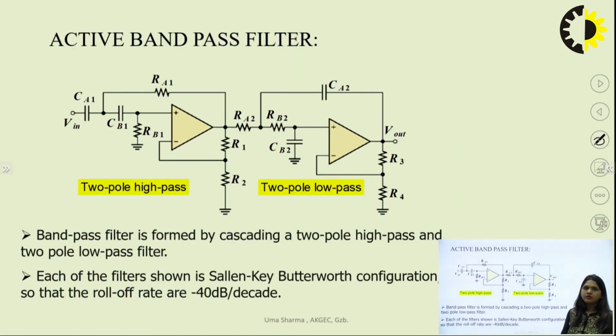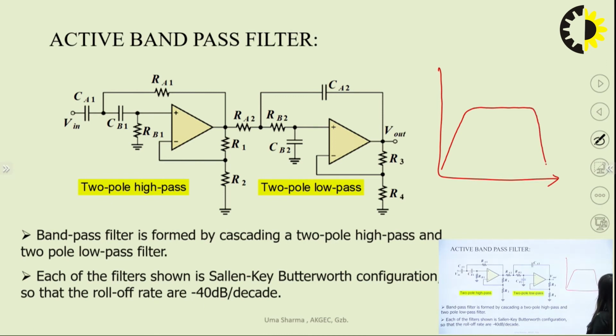Now with the help of low pass and high pass filter, the next classification, which is the active band pass filter, is very easy to implement. Before starting the designing part of this active band pass filter, just see what the response of an active band pass filter is. A band pass filter is a filter that passes a particular band of frequencies and attenuates the other frequency bands.